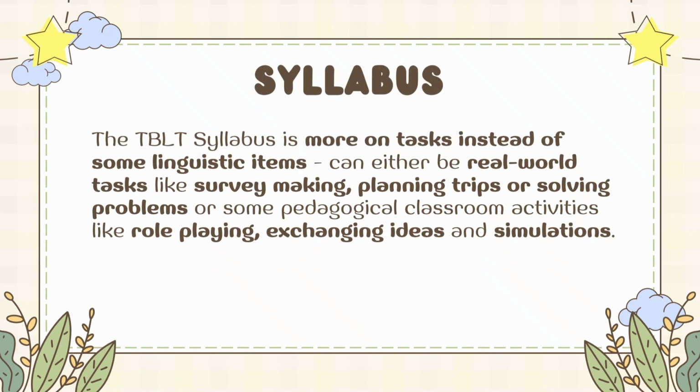Furthermore, the TBLT syllabus is more on real-world tasks like survey making, planning trips, or problem solving, or maybe classroom activities like role-playing, exchanging ideas, and simulations. Many attempts were made to group tasks into categories in task-based language teaching.